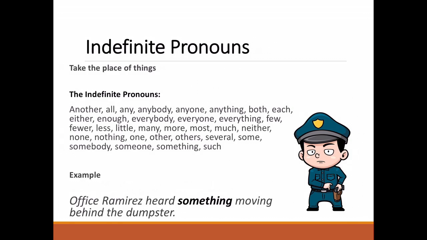Officer Ramirez heard something moving behind the dumpster. When we say that he heard something, obviously we don't know what it is. So that means that it's not a specified object. In all the cases that you don't know how to define something, you can use this type of pronouns.